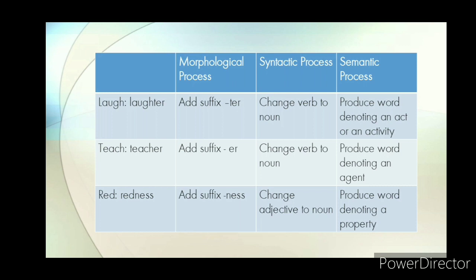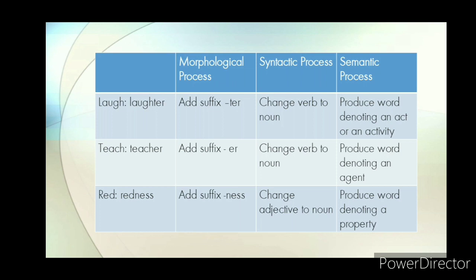And then in the semantic process, it produces a word denoting an act or an activity. Next, we have teach, that is later developed into teacher. In the morphological process, add the suffix er to teach, and then in the syntactic process, it changes verb to noun. And then in the semantic process, it produces a word denoting an agent.